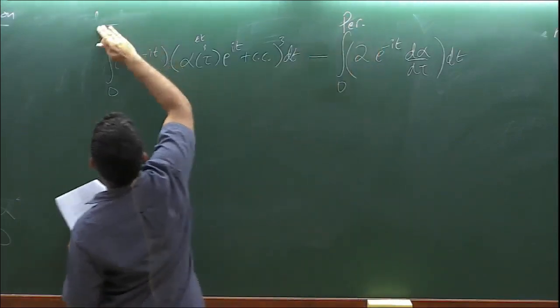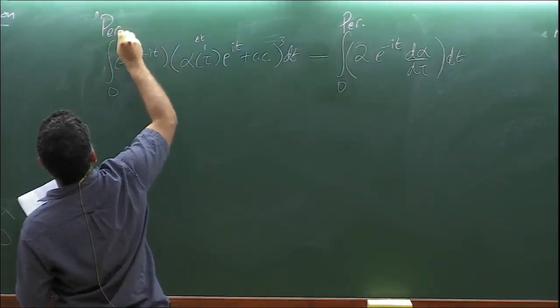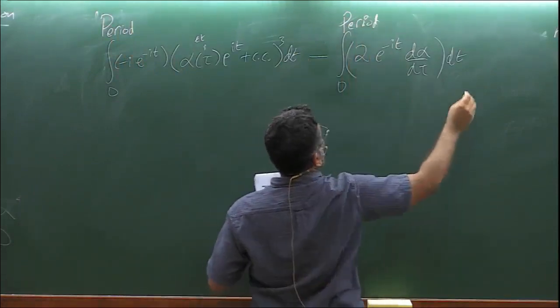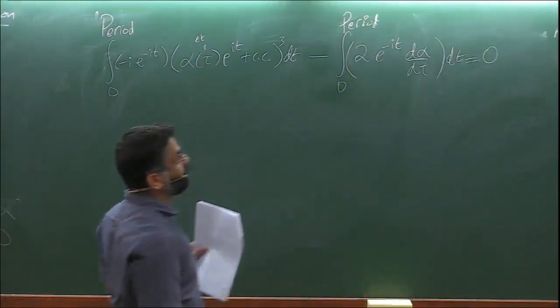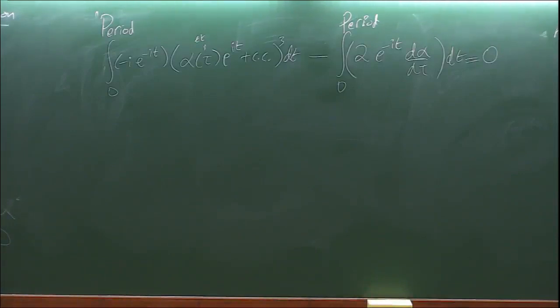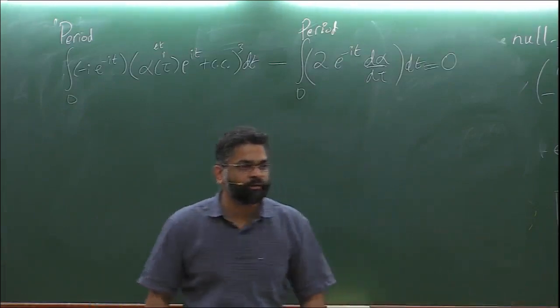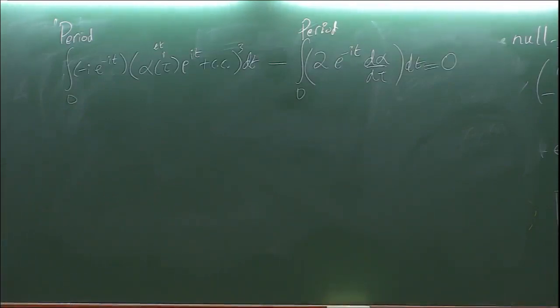Let's not confuse ourselves, let's call it some period. Equals 0. So that's what I'll get. That 2 comes from the fact that it's 1I, 1 minus I. That's all that is. Okay? All right. So to go from here to here, I've effectively pulled all the alpha terms outside of the integral. Okay?